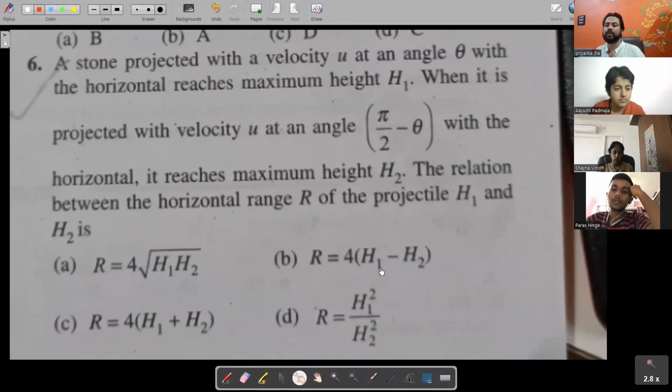It will always act in the reverse direction. And if the air is in the same direction in which we have thrown the ball, then it will increase the range. That is a different concept that I'll discuss in the class. Don't worry. Okay, sir.